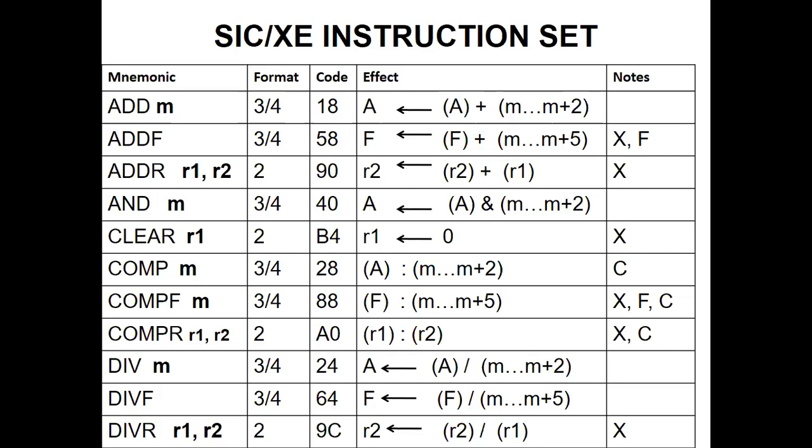You are taking what is in memory, those 3 bytes from M up to M plus 2. You pick what is there and add it to the contents of the accumulator, and the answer stays in the accumulator. So look at its effect.